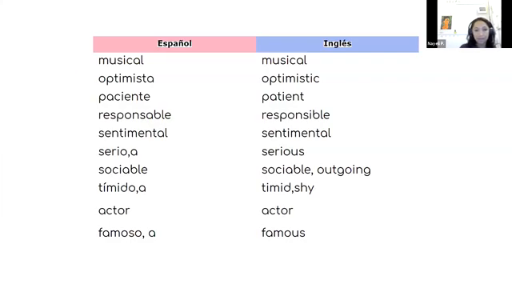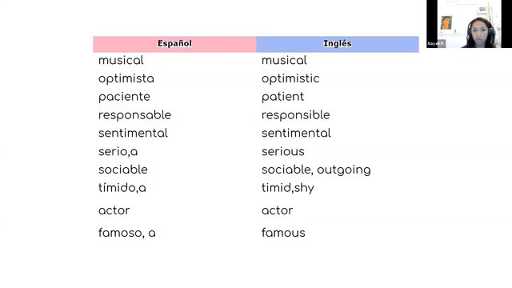Paciente. Responsable. Responsable. Sentimental. Slower. Sentimental. Serio.